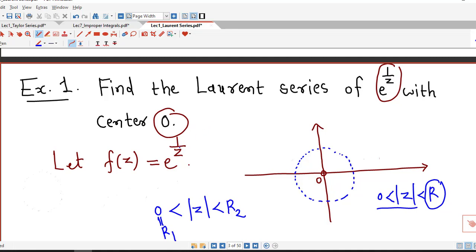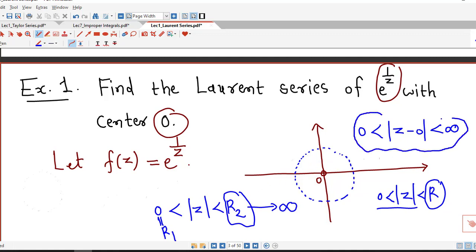Now the function is analytic at every point except z equal to 0, so there is no restriction on r2. r2 can be extended up to infinity. So our function is analytic in the annular domain 0 less than absolute value of z minus 0 less than infinity.